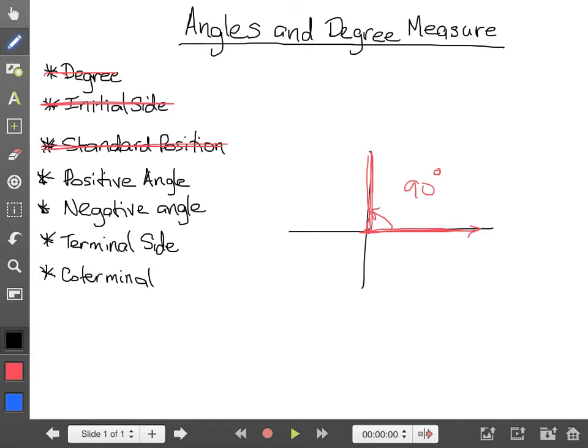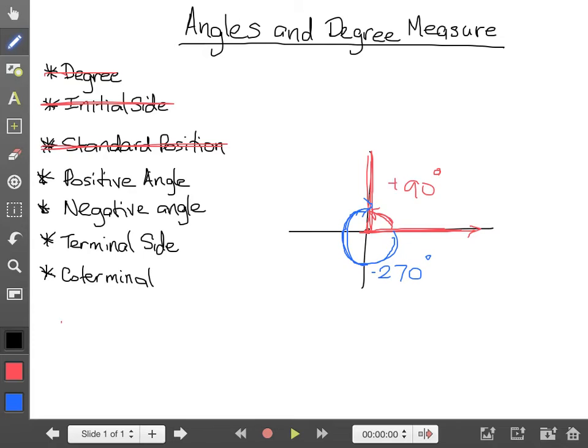However, if I go in this direction, it is no longer considered a 90-degree angle because we went 90, 180, 270. We went 270 degrees. But going clockwise, our angle is negative. Going counterclockwise, our angle is positive.